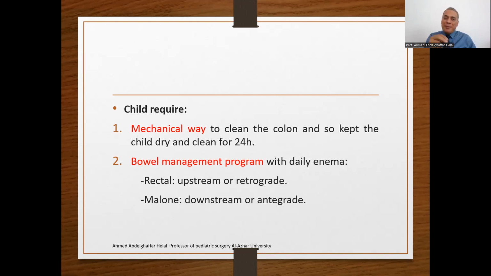Malone brings the appendix to the skin and cannulates the appendix with a catheter and makes the wash or the flush through the appendix. Why the appendix? Because it is the first part of the colon. So we may perform this wash or enema from down up, called upstream, or from up down, called downstream, and we will describe it later.